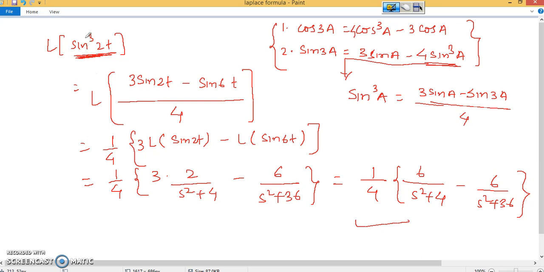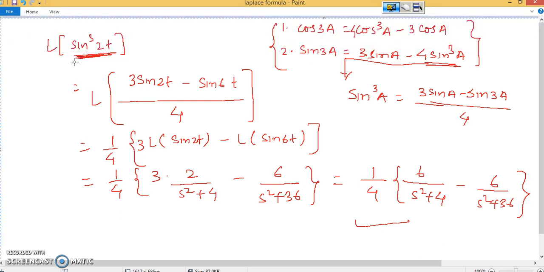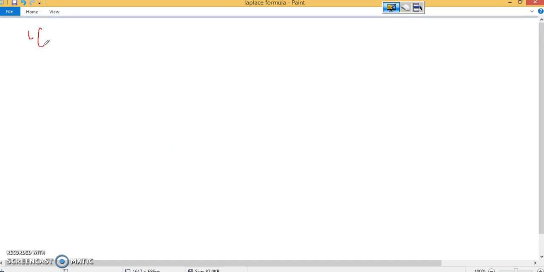Similarly, if given cos values, find the Laplace of cos cubed of 3t. So we see the formula here, cos 3a is equal to 4 cos cubed a minus 3 cos of a.